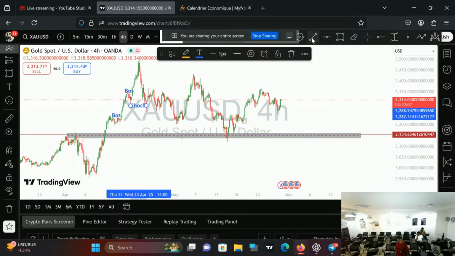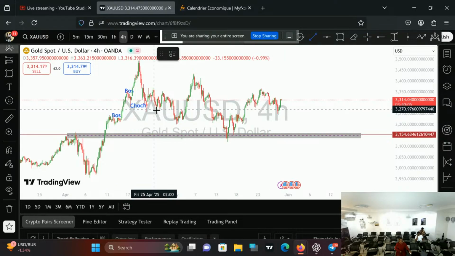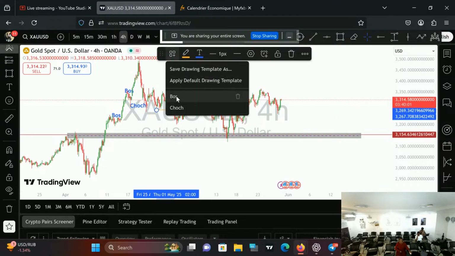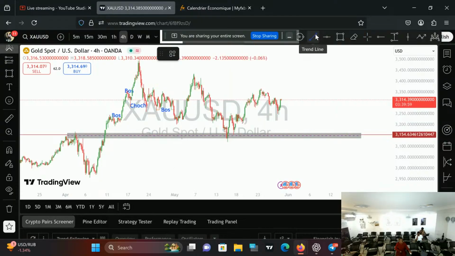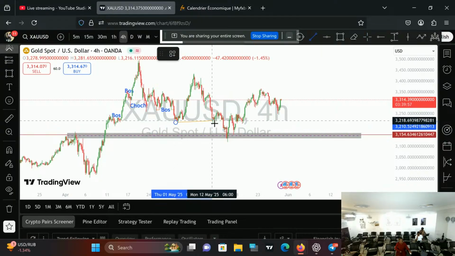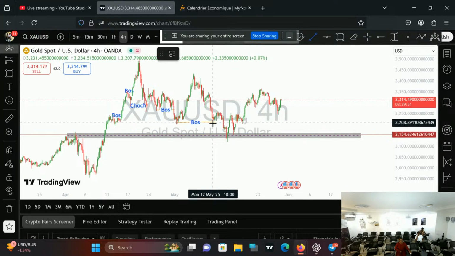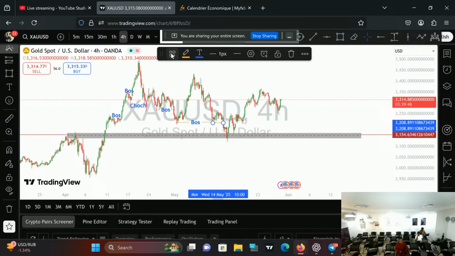Then we start having a series of lower lows and lower highs, which is breaking structure to the downside.